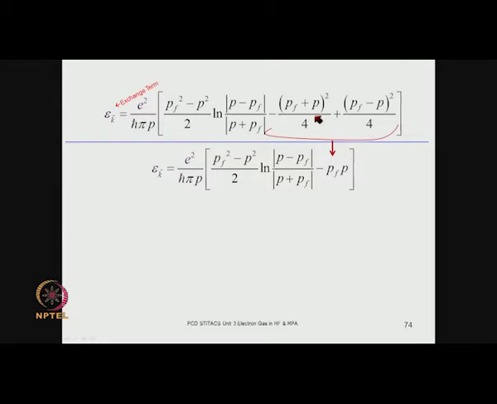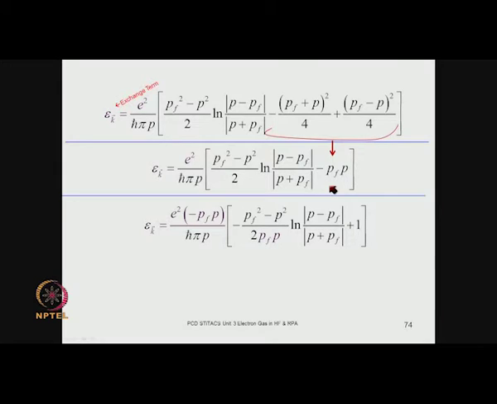You get minus twice p into pf, and from both of these terms, so you get minus 4 into p into pf, which you divide by 4, so you get p into pf, and the other terms will cancel each other because there is a minus sign here and a plus sign here. So, the only thing that is left from the last two terms is this minus pf into p.